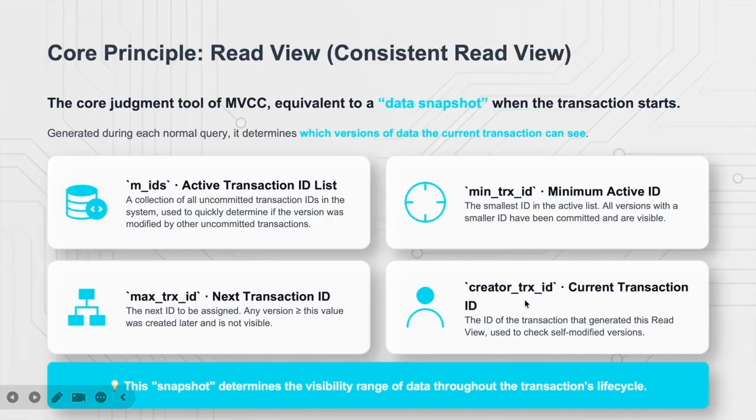Finally, create trans ID, the current transaction ID. This is simply the ID of our own transaction. It is used to check if a data version was created by the transaction itself, which is always visible. Together, these four values form the rulebook that a database uses to determine which versions of data are visible to your transaction, ensuring consistency and isolation.